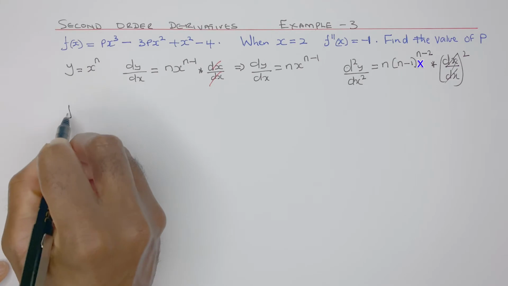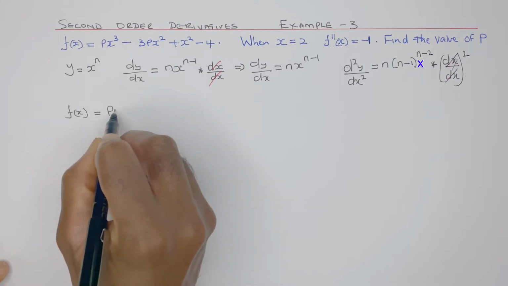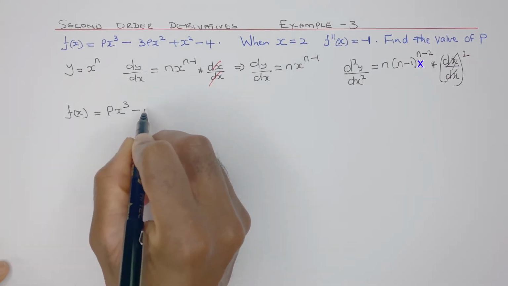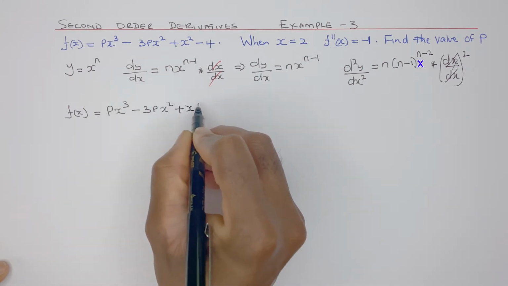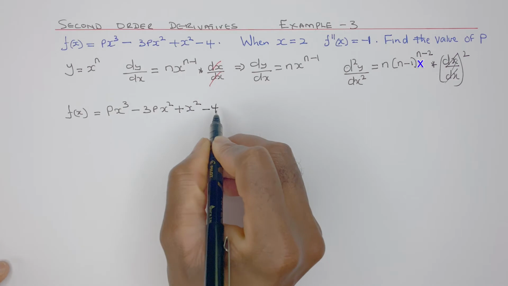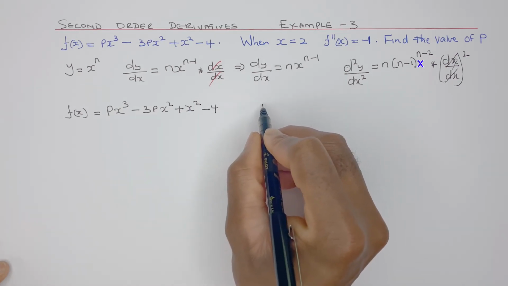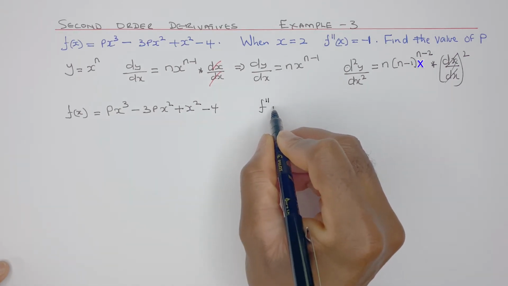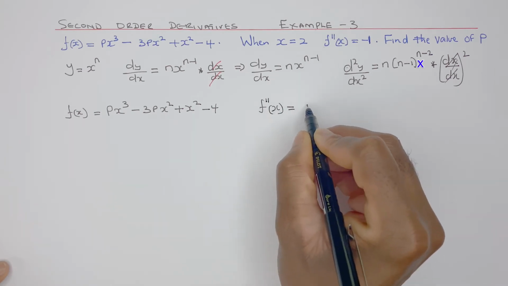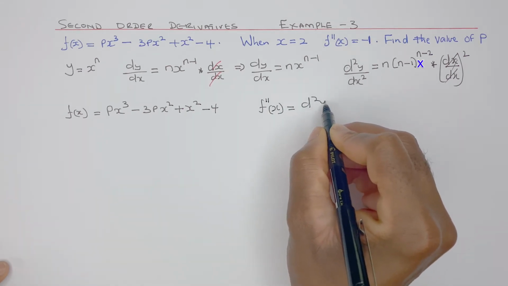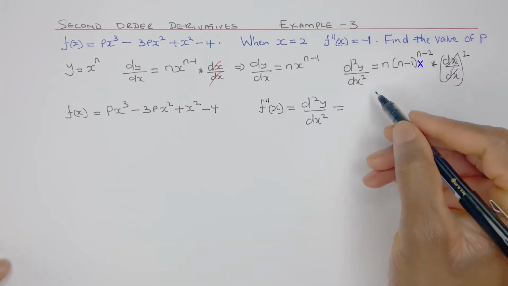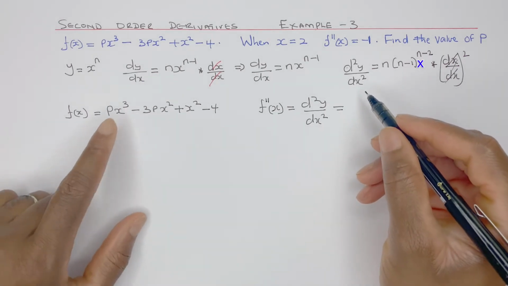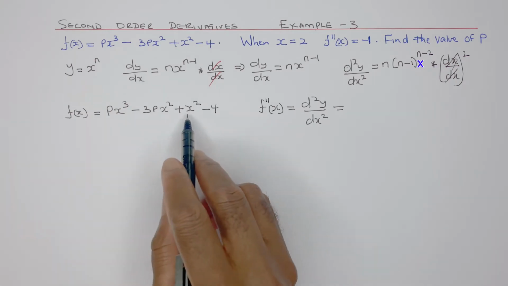But the function we have is f(x) equals px cubed minus 3px squared plus x squared minus 4. And f''(x) is the d2y/dx squared, which is, well, for the first term, because there are 4 terms here, 1, 2, 3, 4.